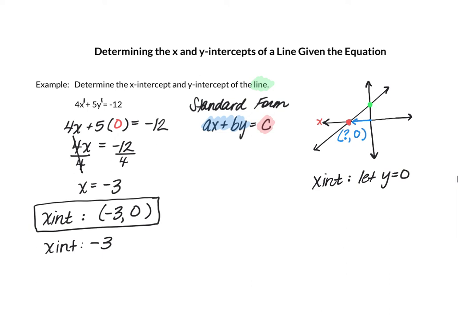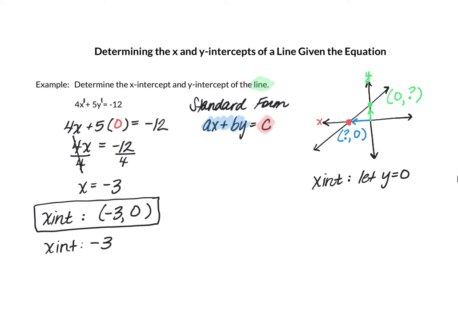Here's my y-intercept. That's where my line is intersecting my y-axis. And again, if you were to start at the origin, you can see in this case, I'm going to be moving up to get to my y-intercept, which means if we think about the coordinate here, I don't know the y value. I don't know how many units I have moved up, but I know that I have not moved any to the left or to the right.